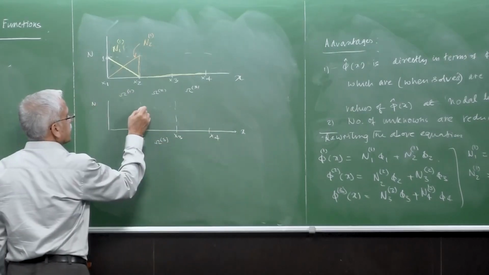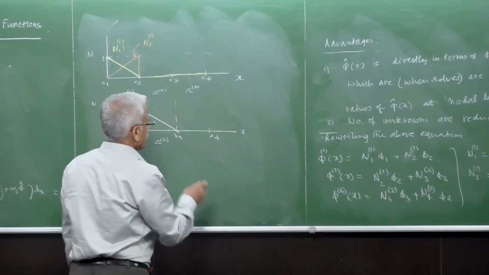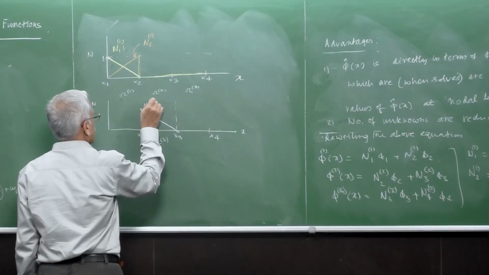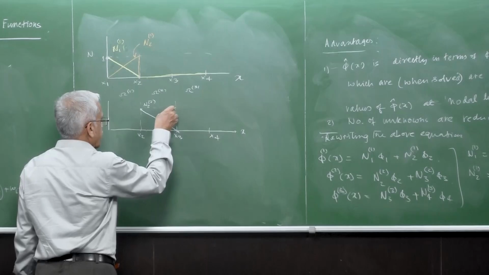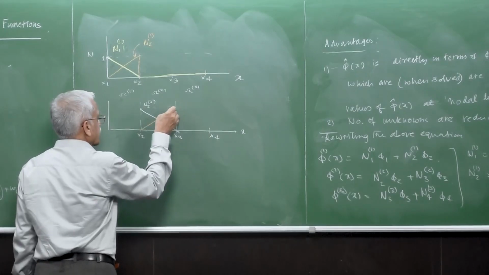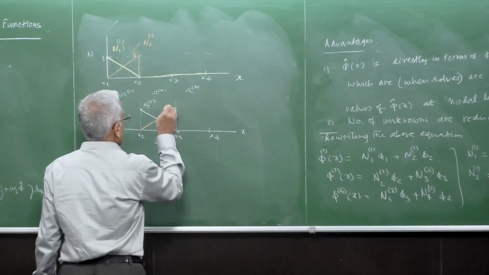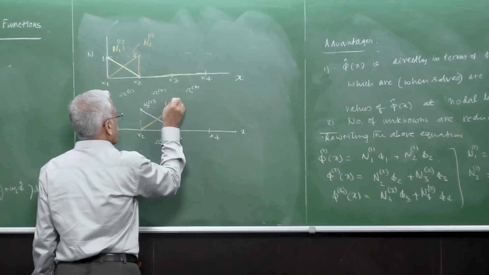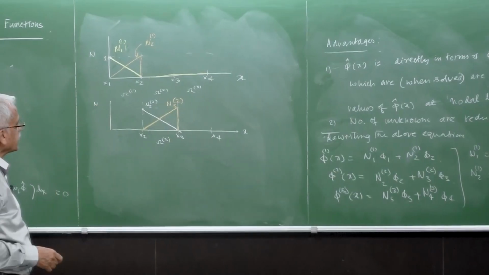Similarly here we can say that N2 of 2 will go like this, and this is N3 of 2, right?